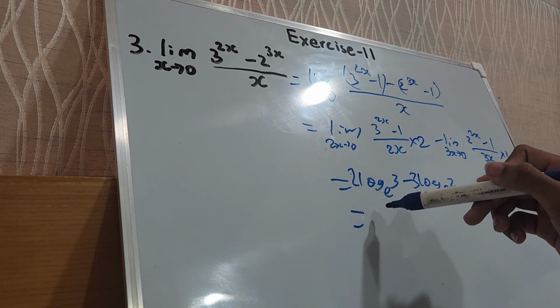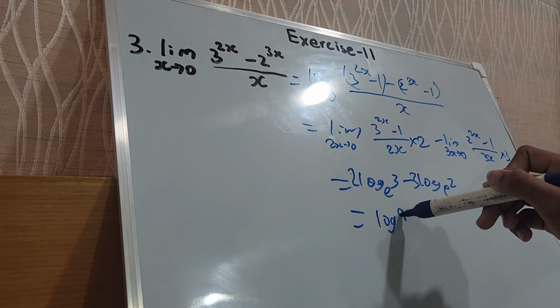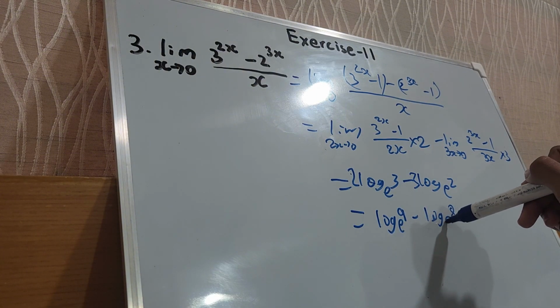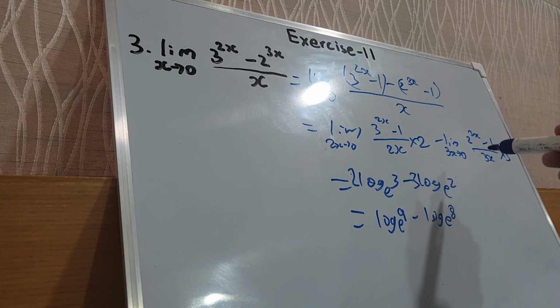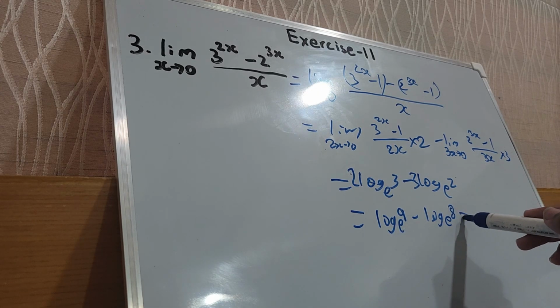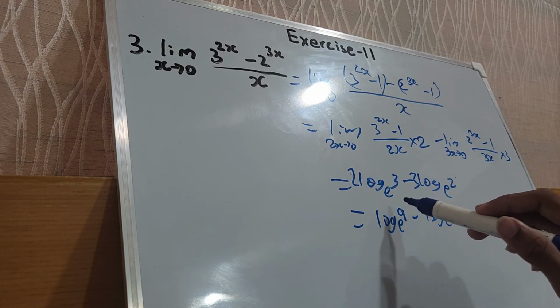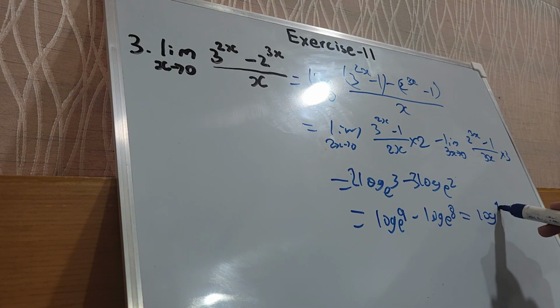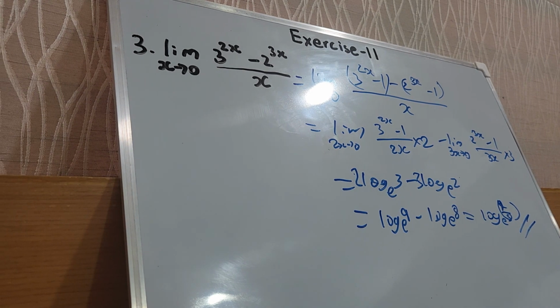So it is 3 to the power 2, which is 9, log 9 to the base e minus log 8 to the base e, right? It will become the power, which is equal to log 9 by 8, since log m minus log n is log m by n. So log 9 by 8 to the base e. That's it. That's all for this question.